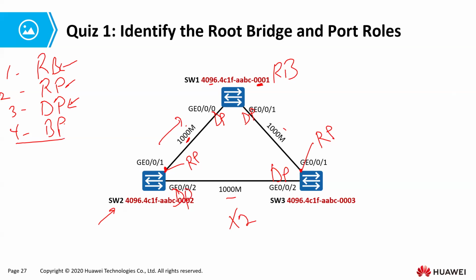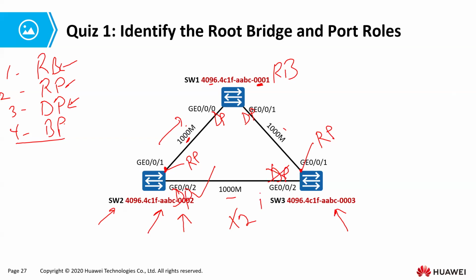So how do you identify which is the designated port and which is the blocked port? You use the tiebreaker. In this example, the tiebreaker is the bridge ID. You take a look at the ID of this switch and the ID of that switch. The one with the lowest bridge ID becomes the designated port. The lowest in this example is E002, so this DP stays.